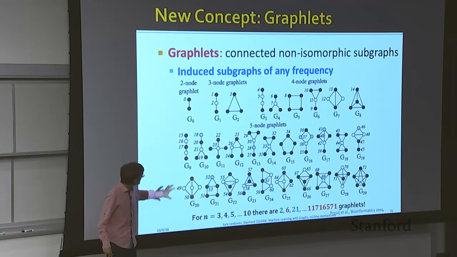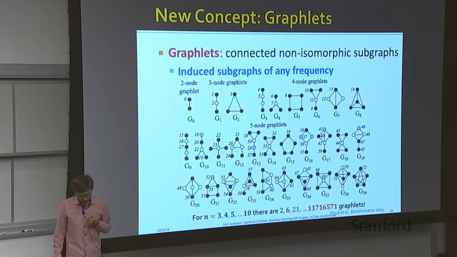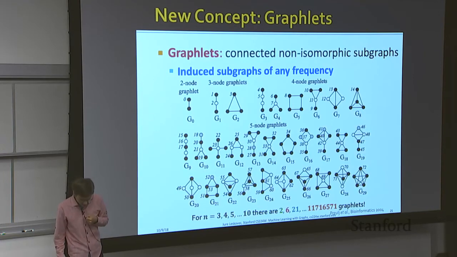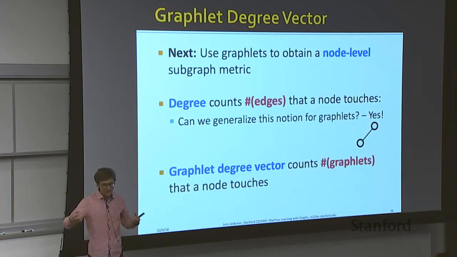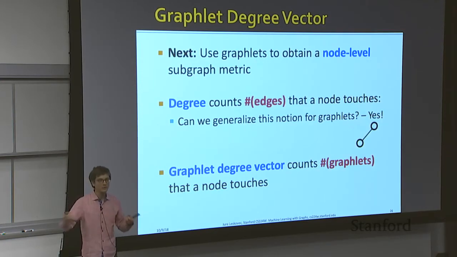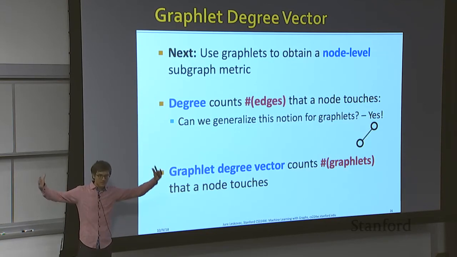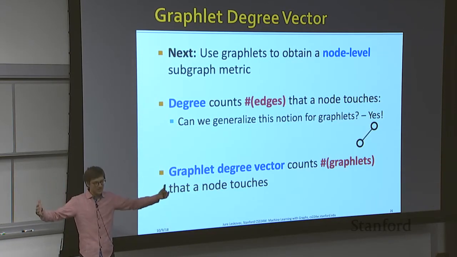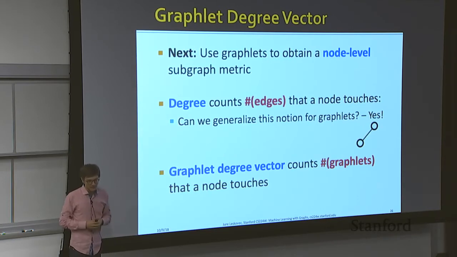So with this basic idea, let me now explain a bit more how this graphlet business works. These graphlets are used to obtain a node level representation, right? So this is a node level subgraph metric. If motifs are the entire network subgraph metric, this is a per node subgraph metric.